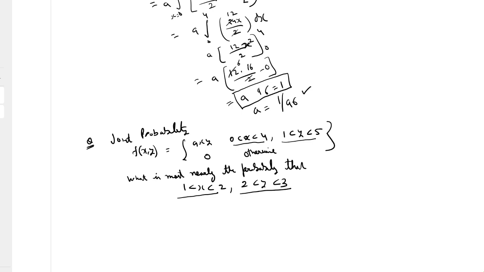In this case, we will be using these ones. So we can write it down: first for x equals 1 to 2, and then for y 2 to 3, and again the function axy dx dy, and then we can solve for a again.